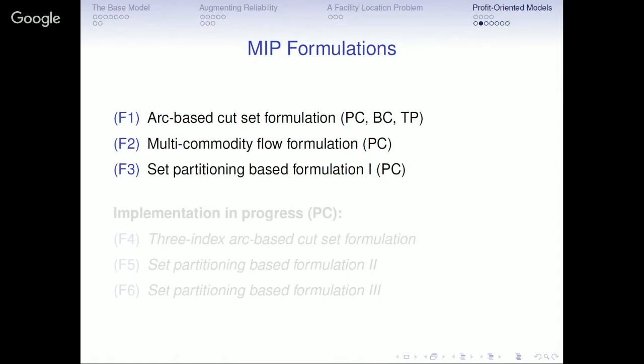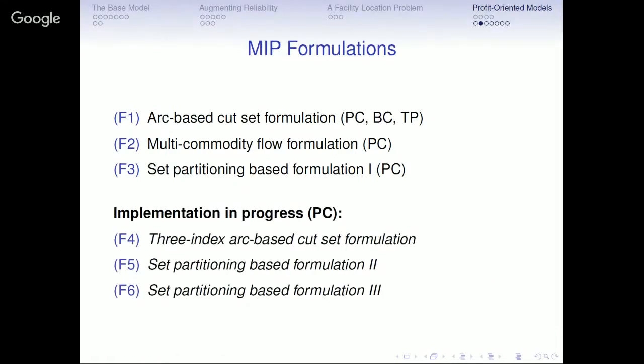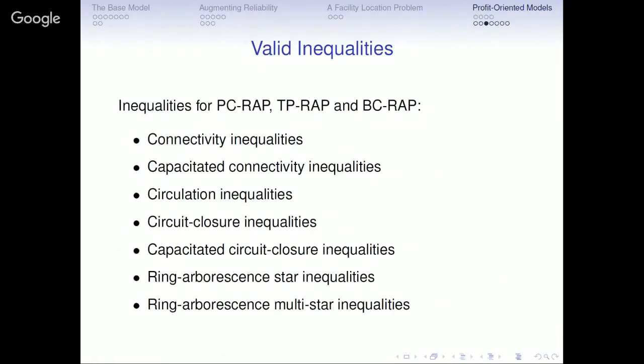And we also thought about a multi-commodity flow formulation, and we have ready a set partitioning-based formulation. And there's a couple of variants, especially when coming from routing. There's a lot of work that has been done on exact approaches, and we're trying to integrate these state-of-the-art methods based on certain formulations in this more generic problem here. That's our current work. So there's more formulations that we're still working on.